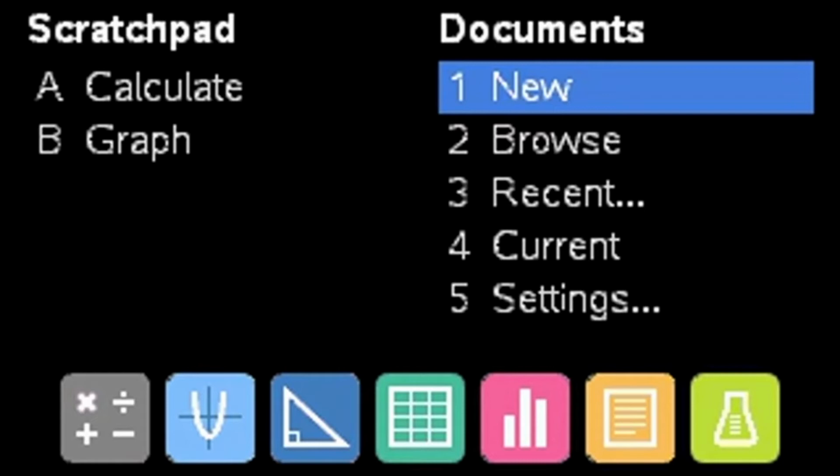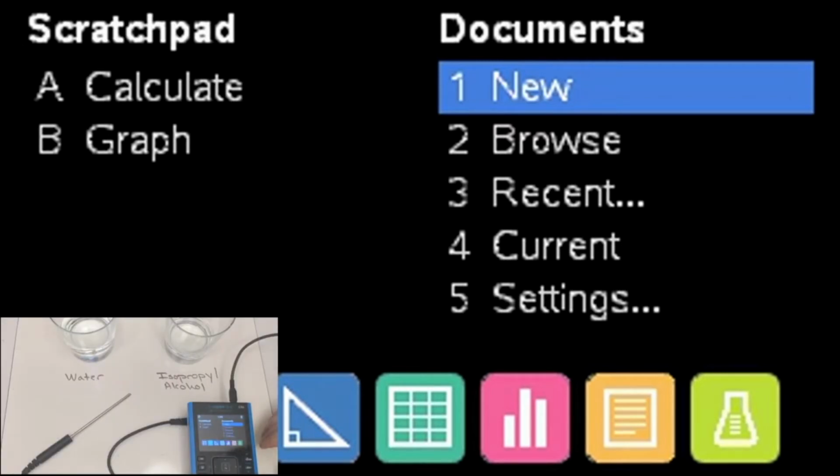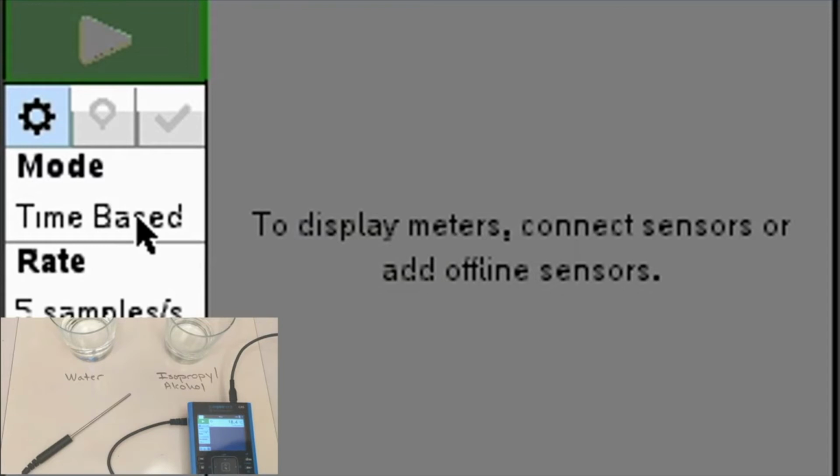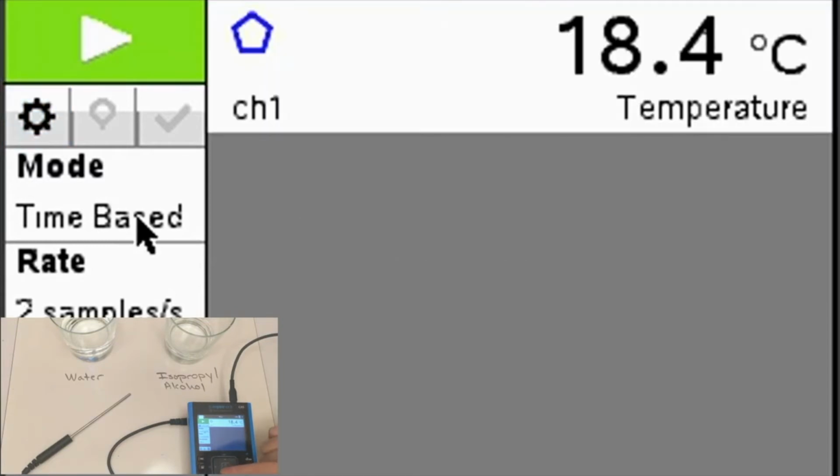Today we're going to be using a TI-Nspire CX2 calculator to collect data on the cooling rate, or how fast the temperature changes, when we allow water or isopropyl alcohol to evaporate off the tip of a Vernier temperature probe. So we're setting up the calculator for a time-based recording of data.